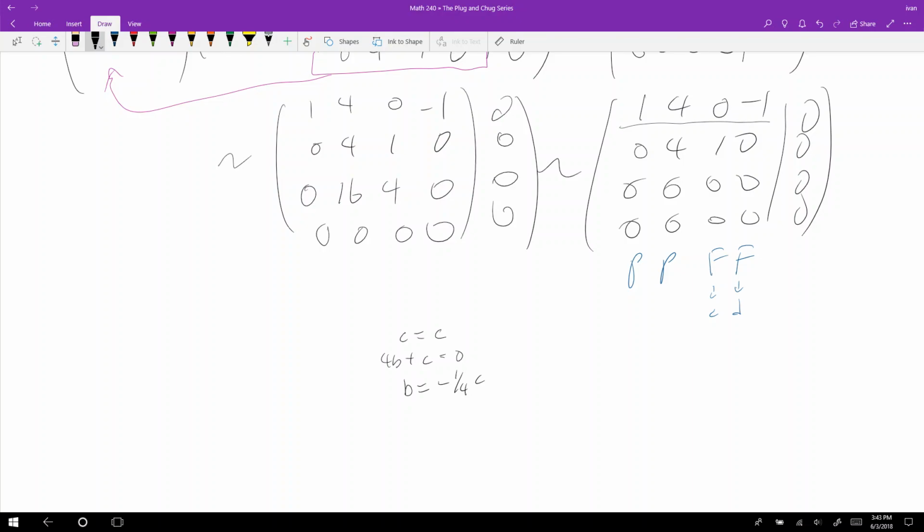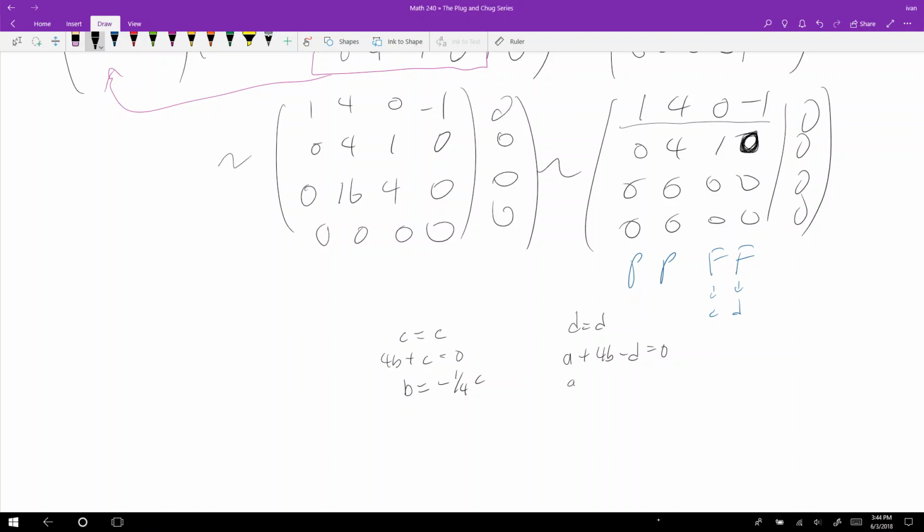Then I want to let D equal D, right? And then over here in row 2, our D value is 0, so we can't consider that equation. And then I have this equation, A plus 4B minus D is equal to 0. Well, what is B? B is equal to negative 1/4 C, right?